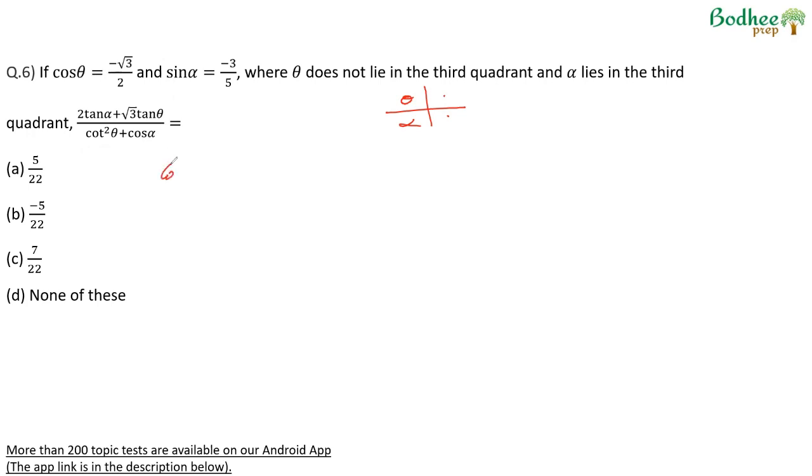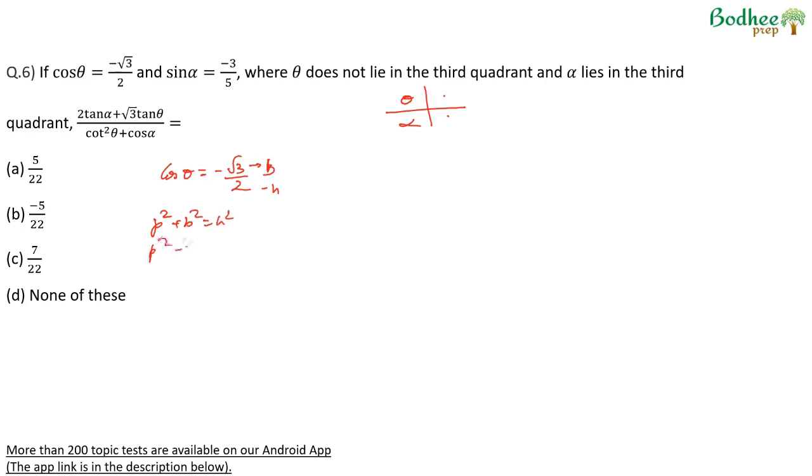Now since cos theta is equal to minus root 3 by 2, minus root 3 by 2 means 30. Sin theta: basically this becomes perpendicular, this becomes base, this becomes hypotenuse. P square plus B square is equal to H square.